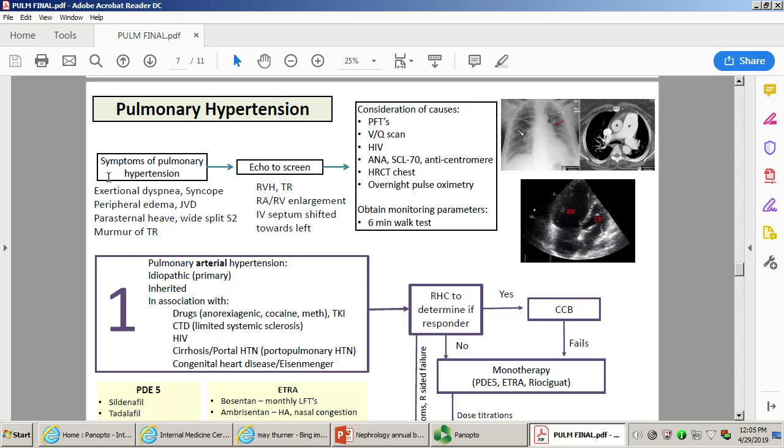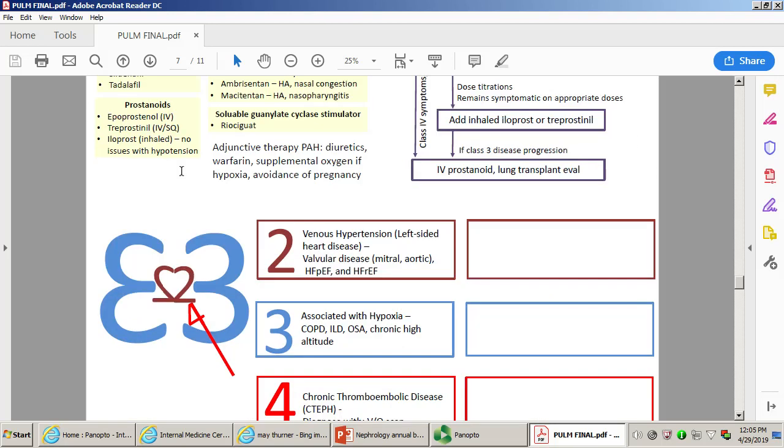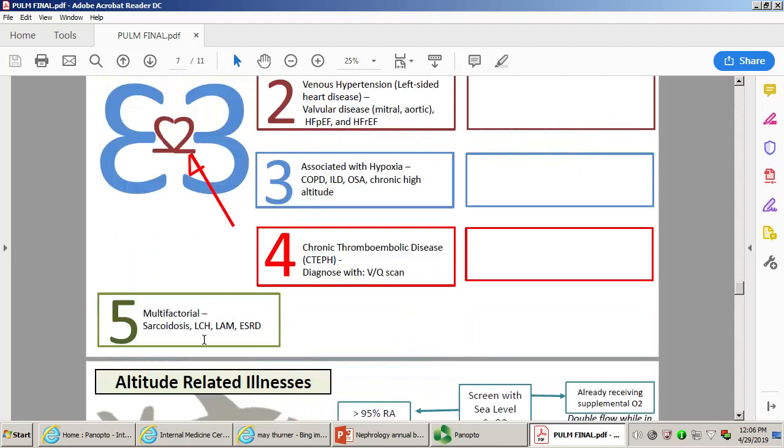Which class of pulmonary hypertension is this? If you remember the little fun mnemonic, 1 is at the top. It's like a 1 for primary pulmonary, or an I for idiopathic. 2 makes your cardiac causes. The 3 makes your pulmonary causes. The 4 is the little PE coming in, and then the 5, I don't have anything for.